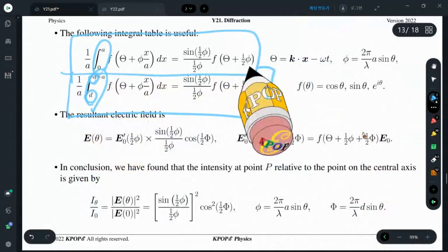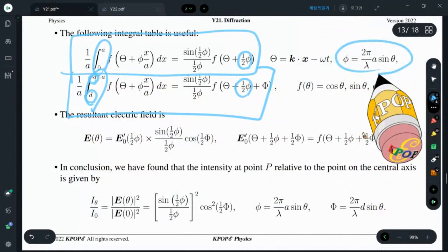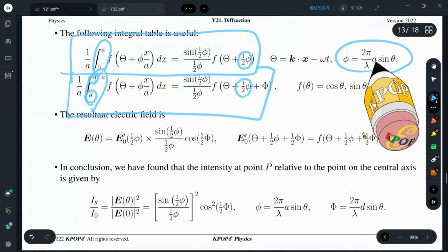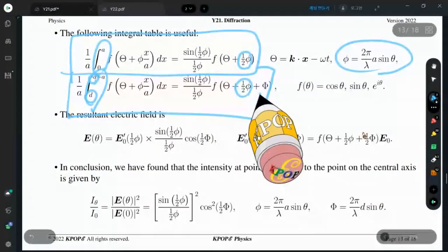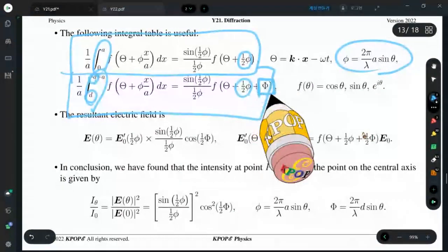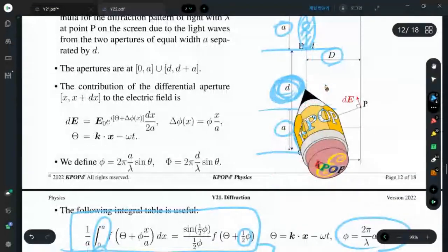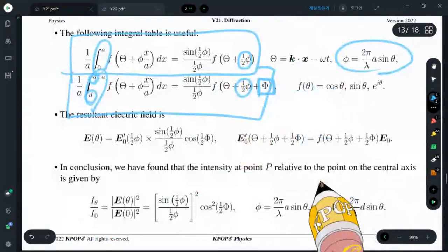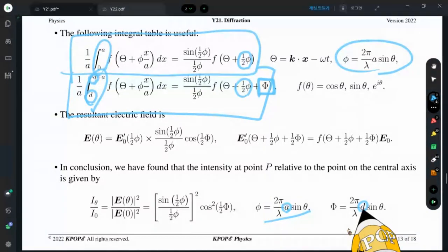As a result, we have the same small phi that is determined by the ratio of a single aperture size divided by the wavelength, and we have an additional phase difference coming from this d. We call this capital Phi, the same as small phi, except that a is replaced with small d.